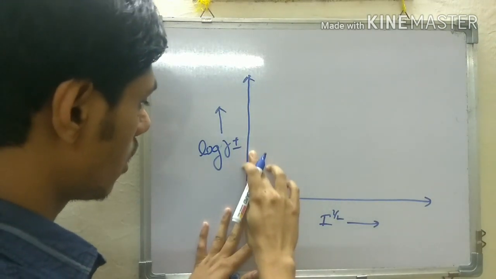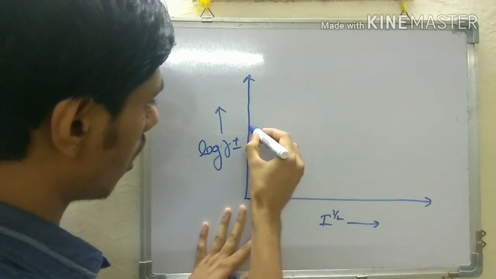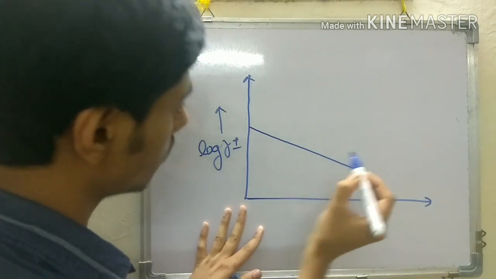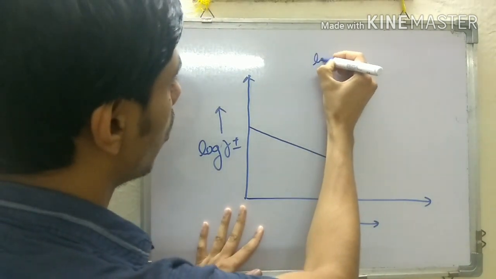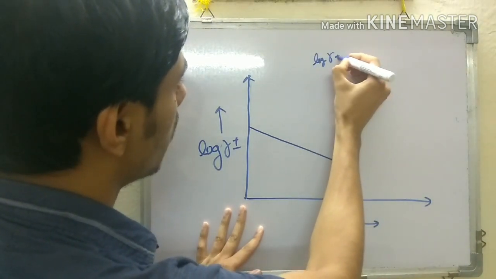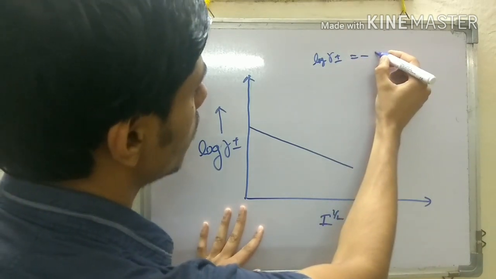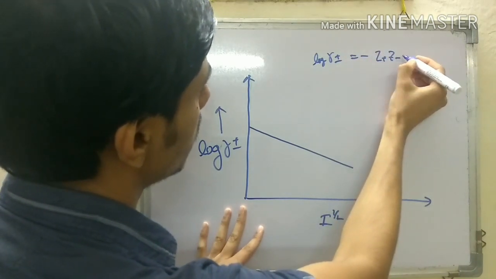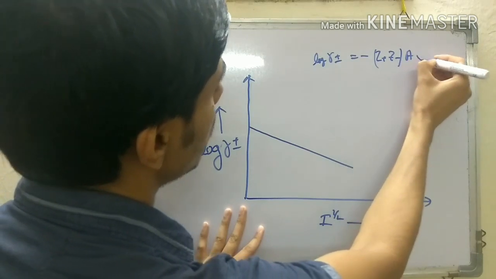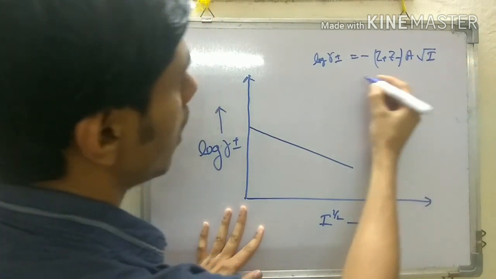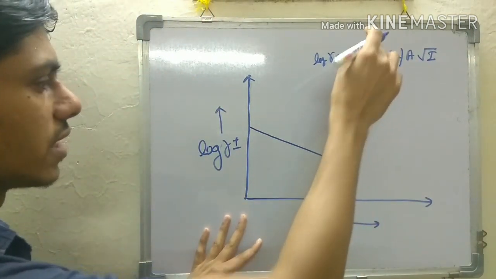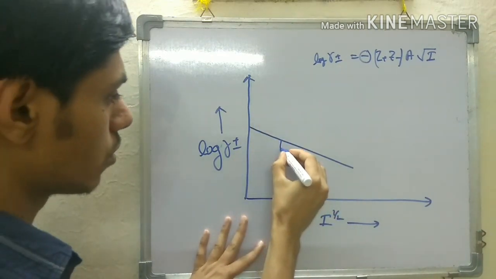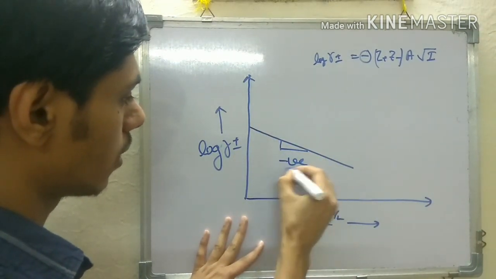Then you will get a curve like this, because log gamma plus-minus is equal to minus z plus z minus a into root over I. Due to the presence of this negative sign, the slope will be negative.